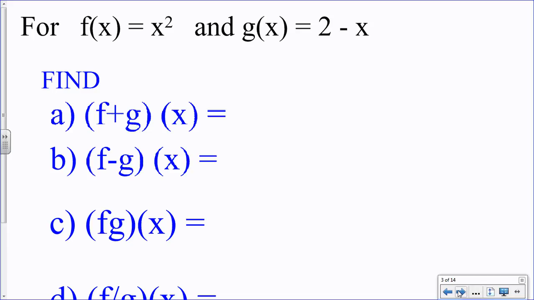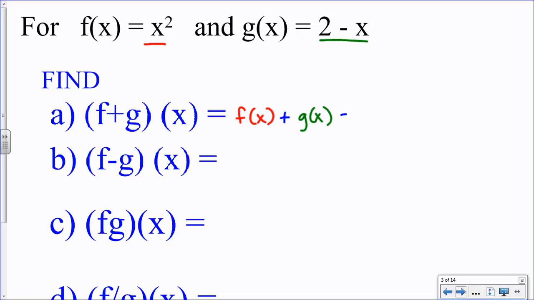So f of x is x squared, g of x is 2 minus x, and first thing I have is f plus g of x. So as we just noted, f plus g of x is the same thing as saying f of x plus g of x.